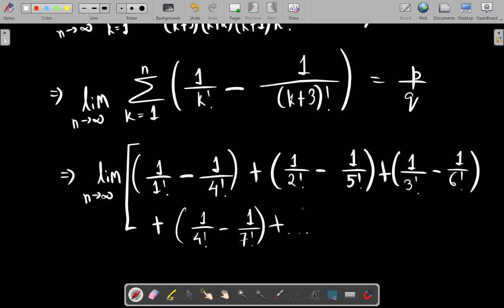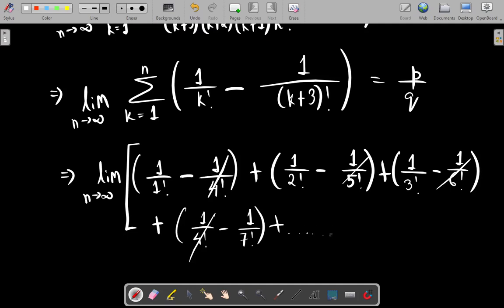Now I expanded up to the fourth term because you see this 1 upon 4 factorial and this 1 upon 4 factorial cancel each other. Similarly, in the next term, this 1 upon 5 factorial will get cancelled, and this 1 upon 6 factorial also will get cancelled.